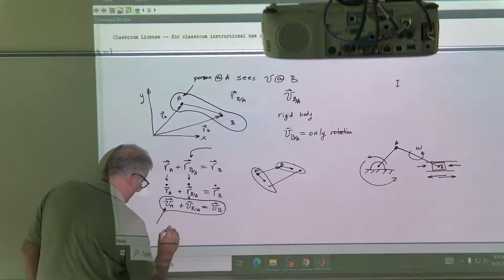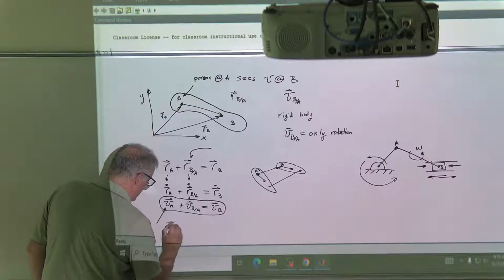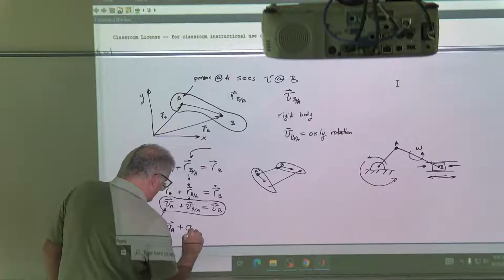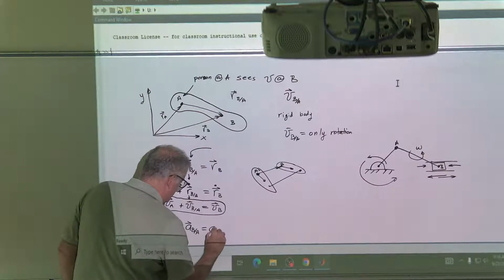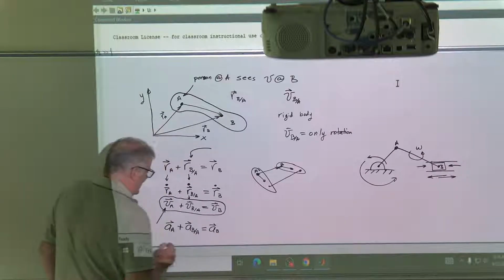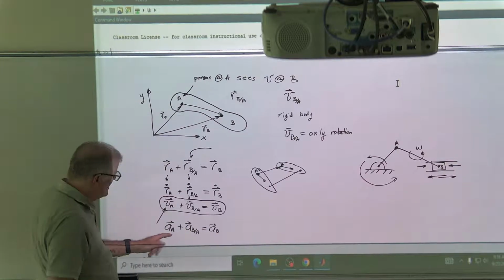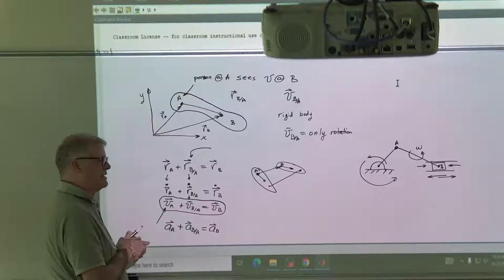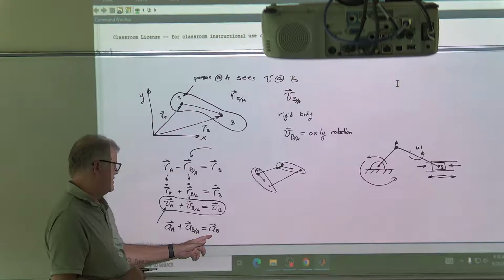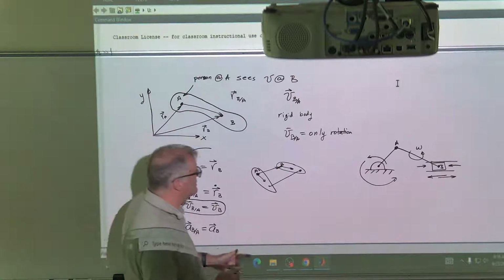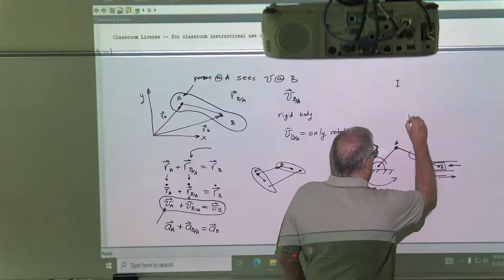And here's why. You go to acceleration of A plus acceleration of B relative to A equals acceleration of B. Now, you find any particular one of these, okay, let me retract that. You find this one or this one, and then you can find out the forces.